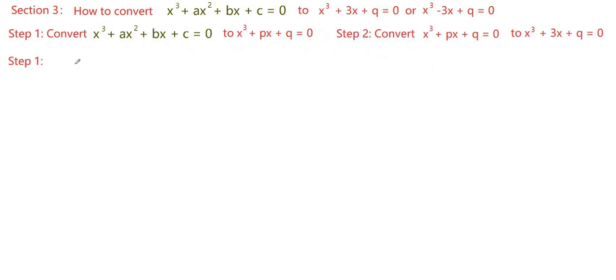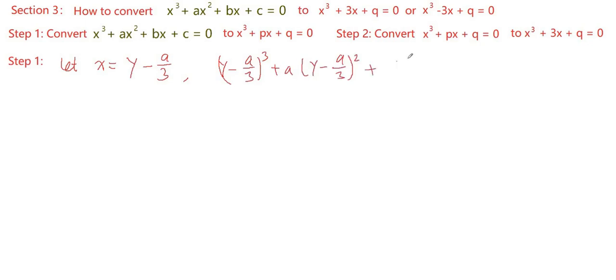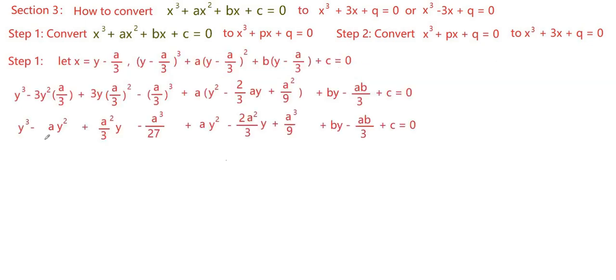step 1, let x equal to y minus a divided by 3. And then we have (y minus a divided by 3) cubed plus a (y minus a divided by 3) squared plus b (y minus a divided by 3) plus c equal to 0. And we expand it. Here, this is negative a y squared.